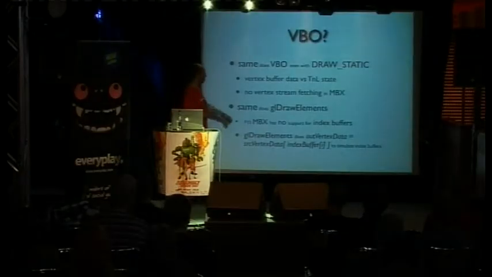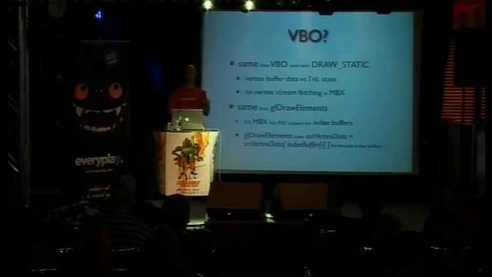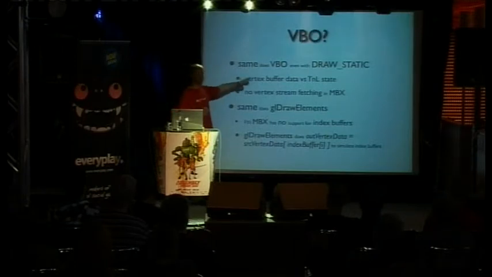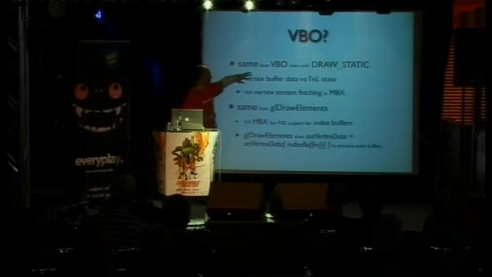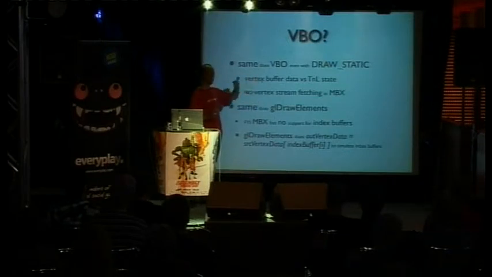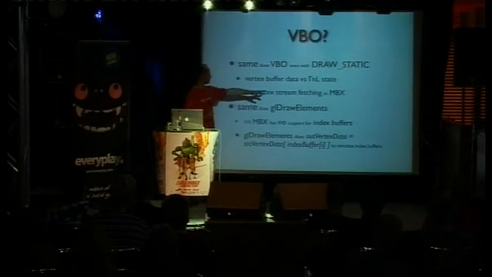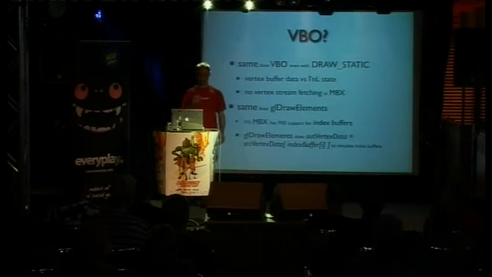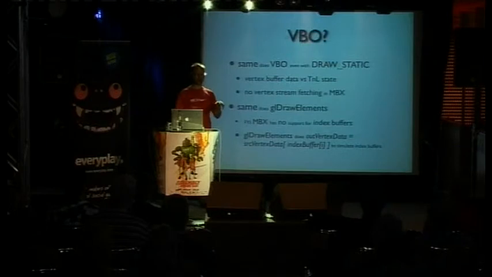So the driver will go, and while copying the data, it will insert the normals, even if I haven't supplied them. It will insert a default 0,0,1 normal. And that's why the VBO cannot do any optimization, because at the point when you specify the VBO, it has no idea what the TNL state will be while you are rendering it. And that comes from the limitation of the MBX. MBX doesn't have what modern GPUs have, a vertex stream fetcher which can be set up to read the vertex data.